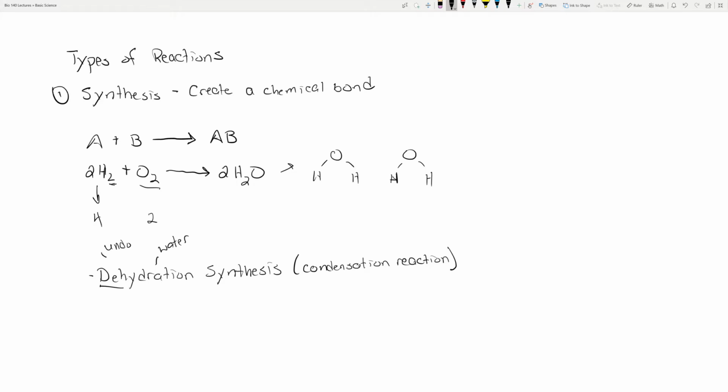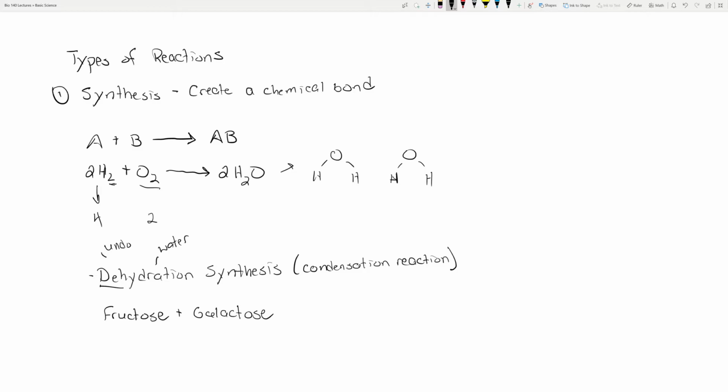We'll go over this more when we start talking about carbohydrates, proteins or lipids, because they all use dehydration synthesis to make larger ones. So, for example, we have fructose, which is a sugar, plus galactose, which is another type of sugar.